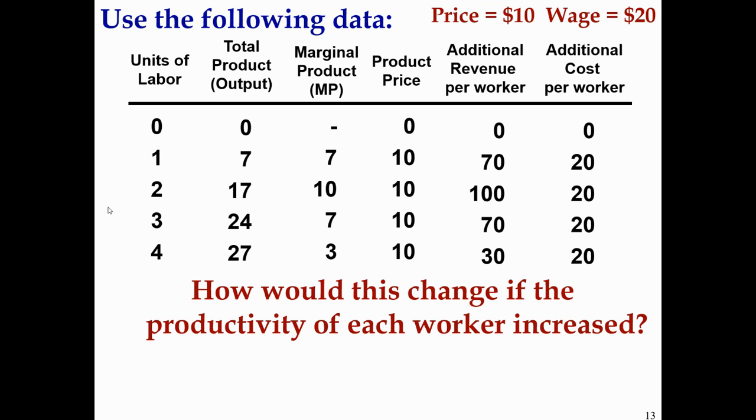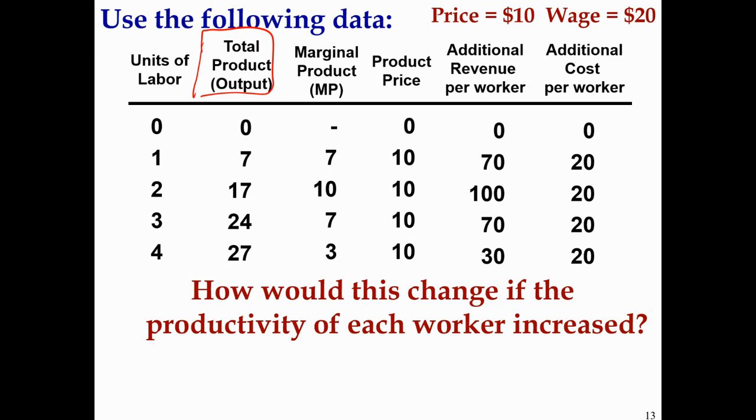Now, coming back to the first scenario, how would this change if the productivity of each worker increased? What happens when the productivity of each worker increases? What column is affected here? The total product column, right?